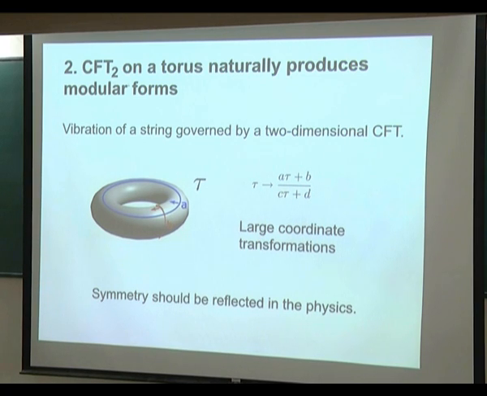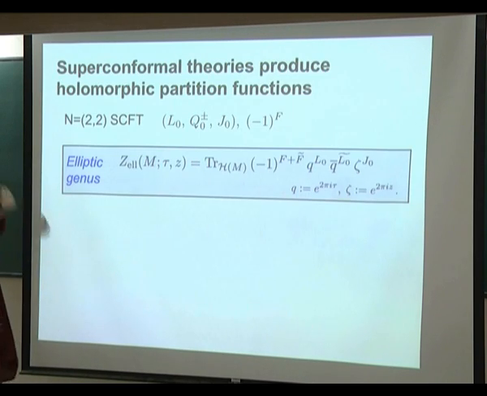Okay, so this is true if you just take a free boson on a torus, you'll find some answer which is a modular function, but it's not holomorphic. So in order to get holomorphic functions, one has to look at supersymmetric theories. So let's look at N=(2,2) superconformal field theories.